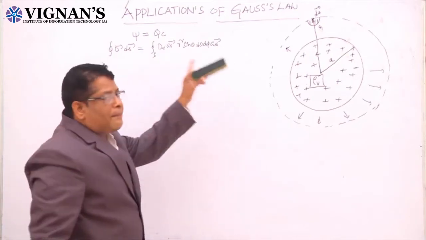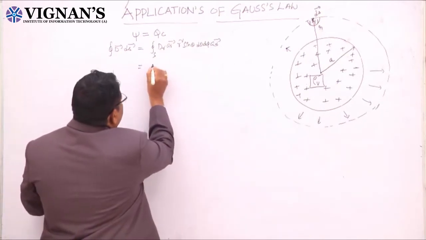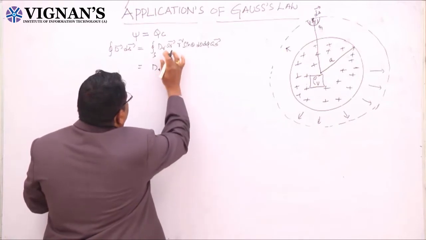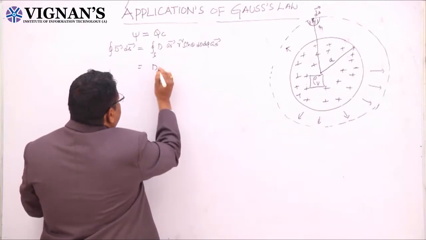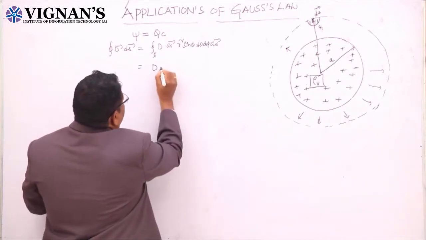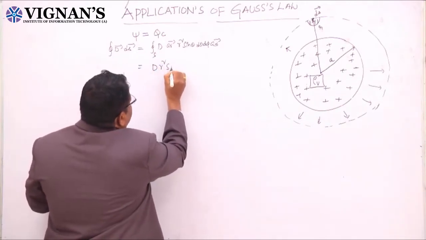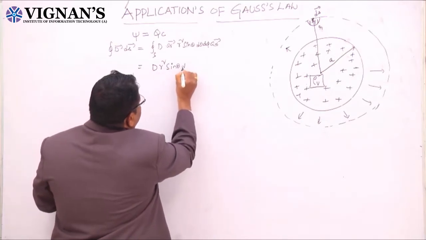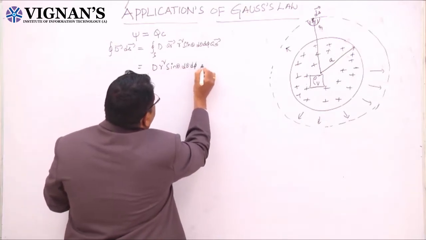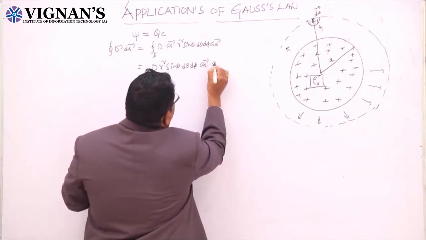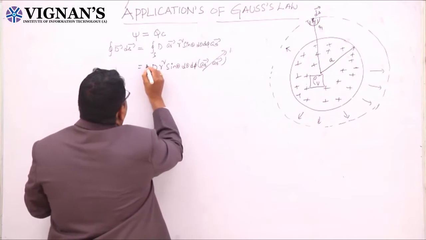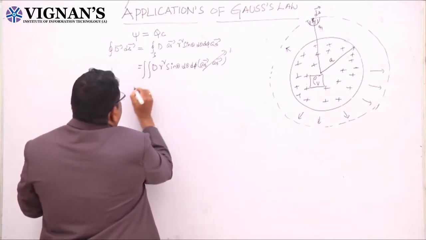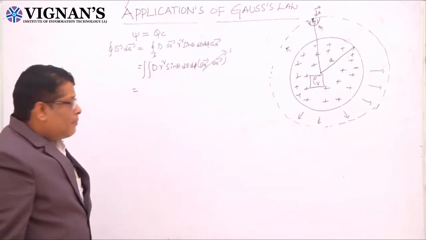If you complete this one, D, already taken, r square sin theta d theta d phi, ar dot ar becomes 1. A surface integral is nothing but a double integral.